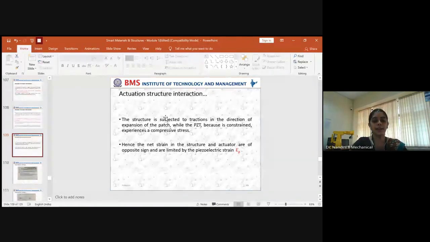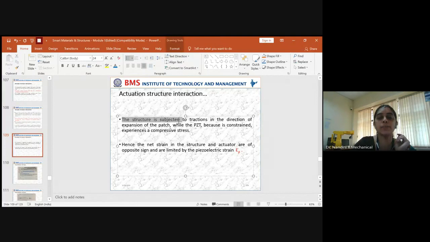In that case, when it is constrained at one end, the structure will be subjected to tractions. Why is it subjected to tractions? Because it also gets deformed, and you have an actuator above, in which the patch of the piezoelectric gets expanded. Due to this movement, the structure that you are using as a substrate or support to the actuator will be subjected to tractions.